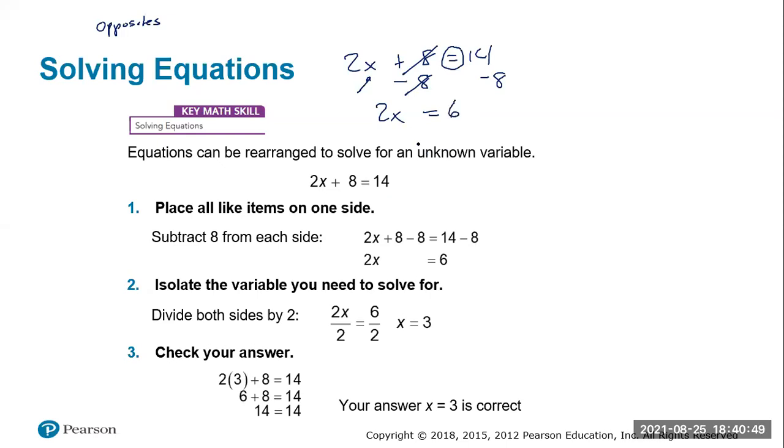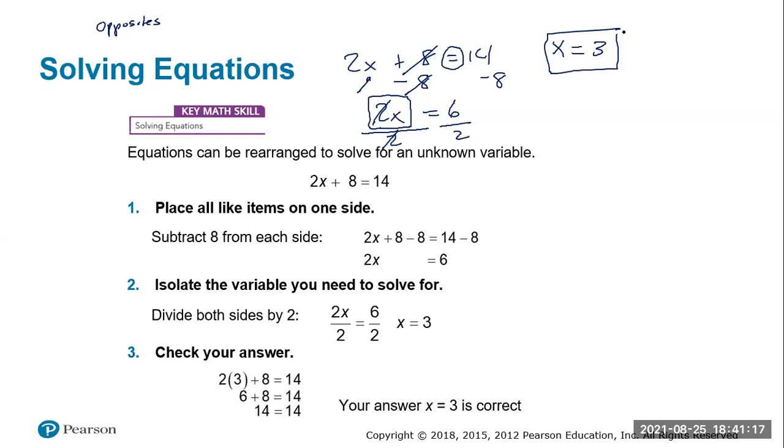Now, if we want to solve for x, where x is at, that is basically 2 times x. So the opposite of multiplying is dividing. So we would divide both sides by 2. 2 divided by 2 is 1, which would give us an x. And 6 divided by 2 is 3 in this case.